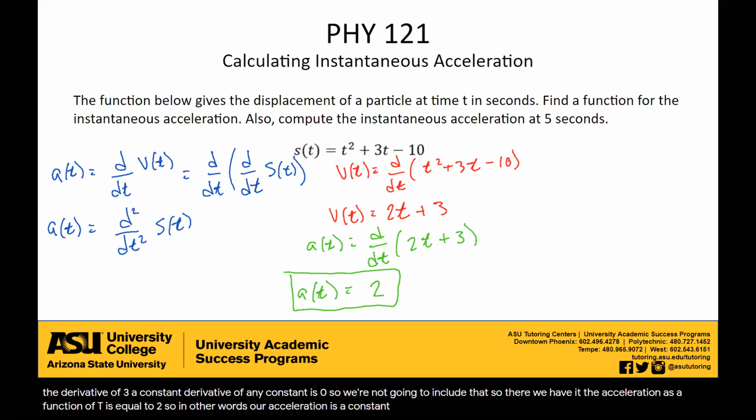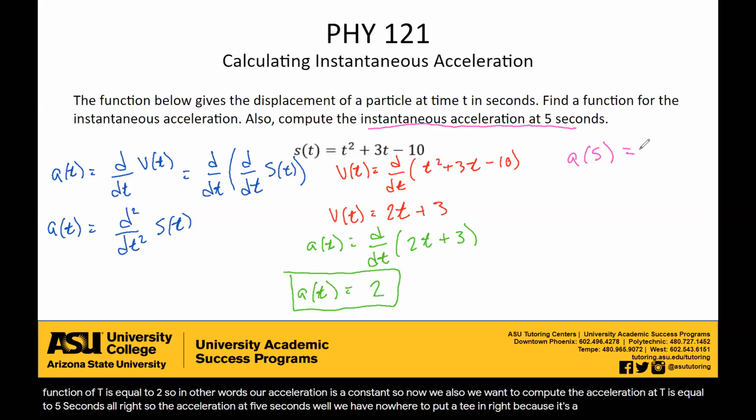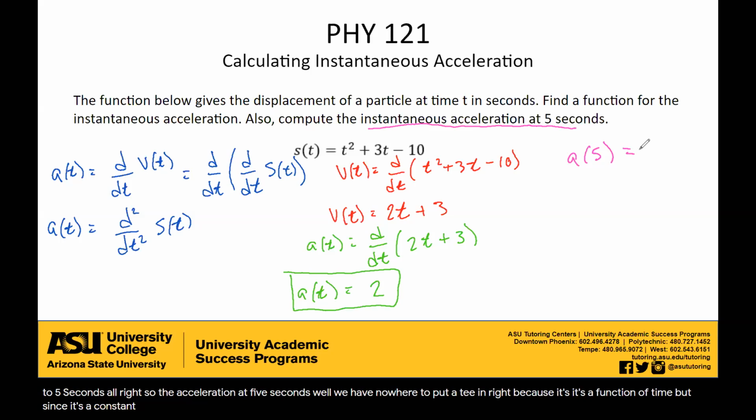So now we want to compute the acceleration at t equal to 5 seconds, right? So the acceleration at 5 seconds, well, we have nowhere to put a t in, right? Because it's a function of time, but since it's a constant, it doesn't matter what the value of t is because it'll always equal 2.